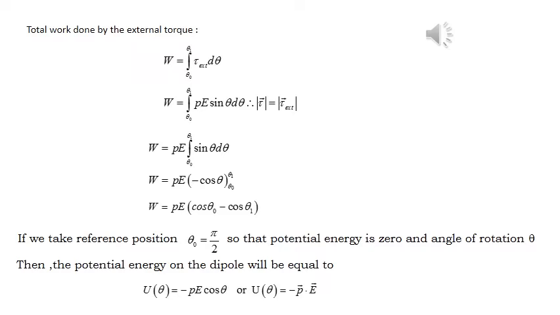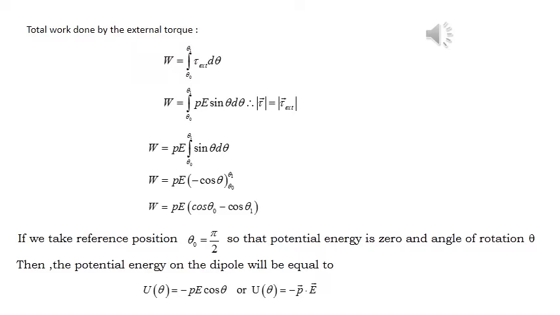The integral of sin theta is minus cos theta. Applying upper limit theta 1 and lower limit theta naught, W equal to PE into cos theta naught minus cos theta 1. For understanding purposes, if the starting position's potential energy is 0, then cos 90 will be 0, so we have to take theta naught equal to pi by 2, so that the potential energy is 0.